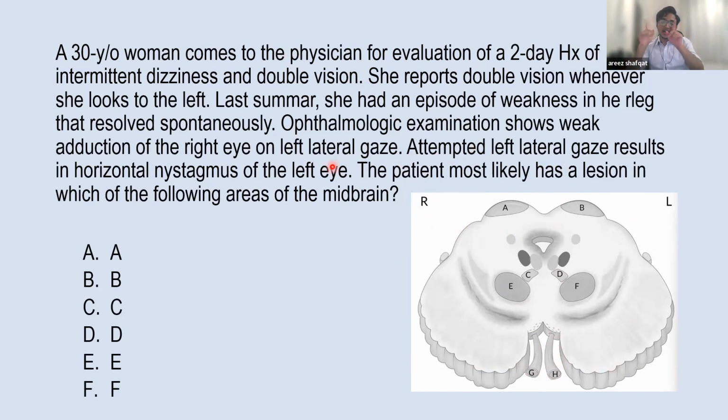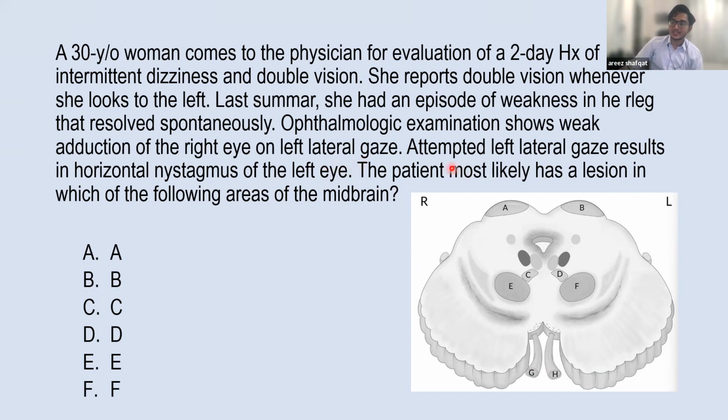So when he's asked to look to the left, his left eye abducts, but his right eye doesn't adduct. So there's a dysynchrony in the conjugate gaze of this patient. And so when the right eye doesn't adduct, your brain interprets that as the left eye being out of alignment. And so there's a correction movement of the left eye, which is nystagmus.